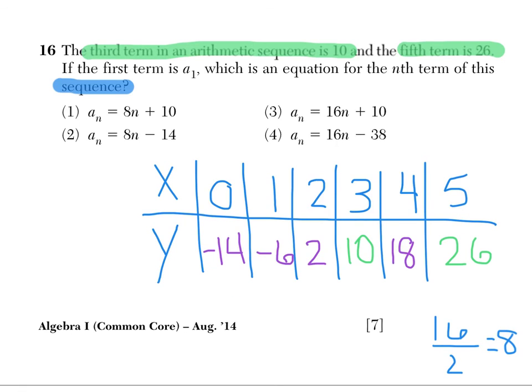Once we do that, we can see that our y-intercept, or the constant in the linear equation, is -14, making answer choice 2 correct. And we can also see the slope, because as we keep moving down the table, we are adding 8 every time we move 1 in our x values.